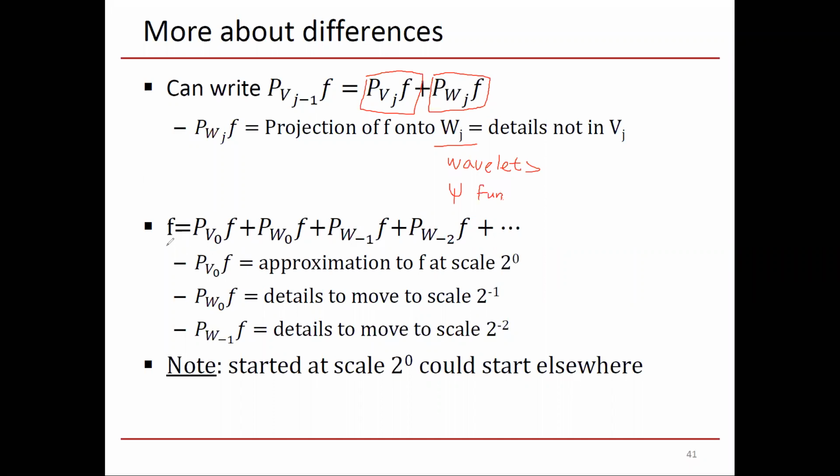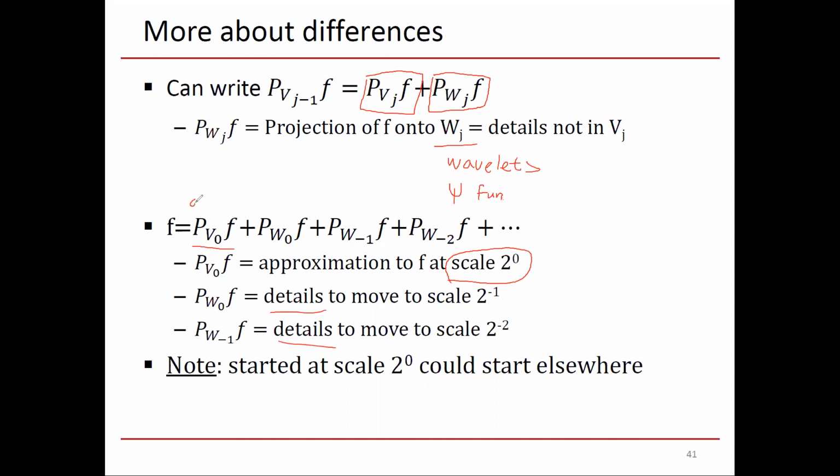We can also write that the function f is a projection of f to the space V0, and that's going to be a projection at scale 2 to the power of 0. Plus we have projections to scales 2 to the negative 1, 2 to the negative 2, but we're only adding in the details.